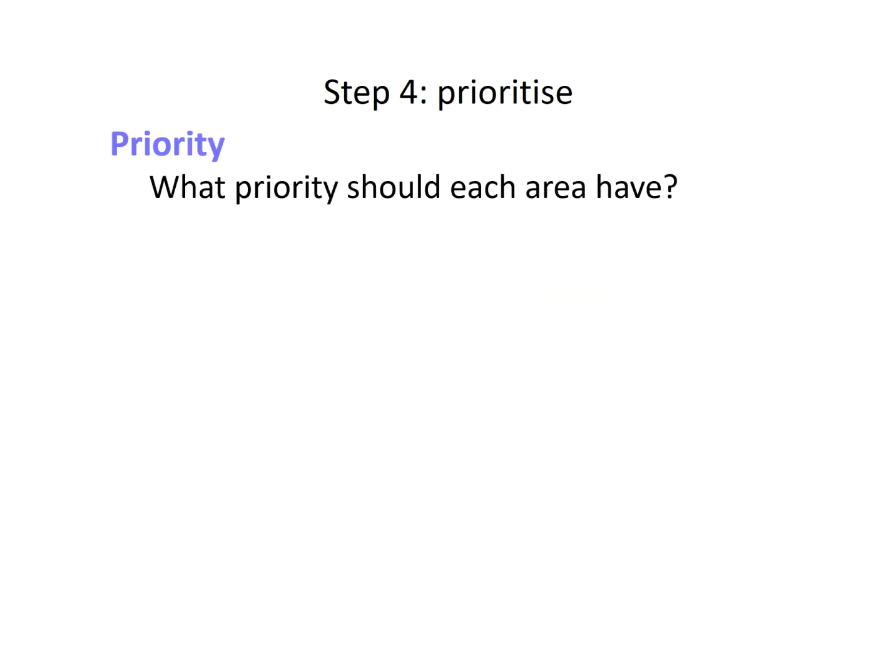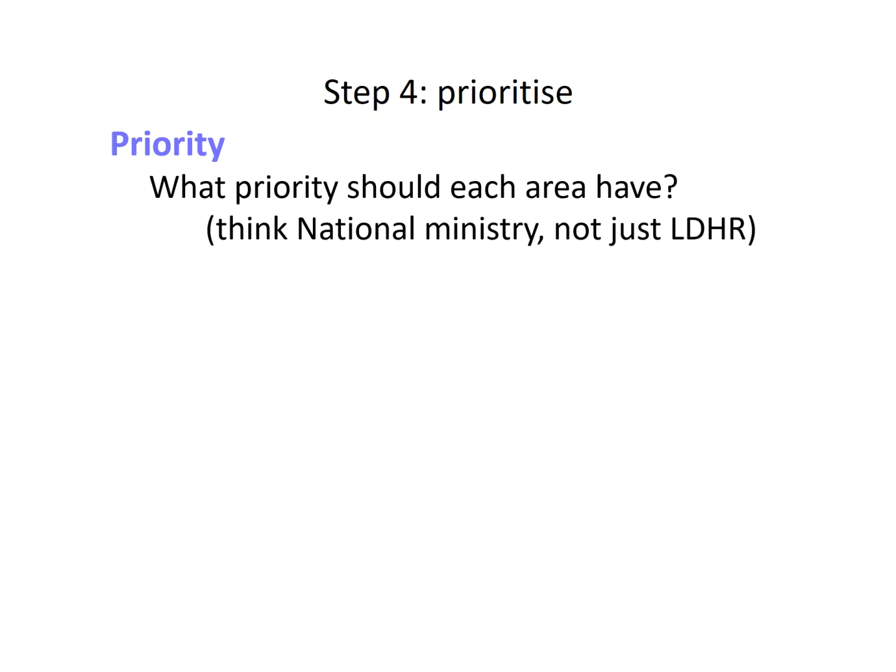For this step, we're trying to determine what priority each area should have. Now, it's important to try to think about priority from the national ministry perspective, not just from the perspective of LDHR. The directions suggest using the following letters to indicate priority: T for top priority, H for high priority, M for medium priority, and L for low priority.